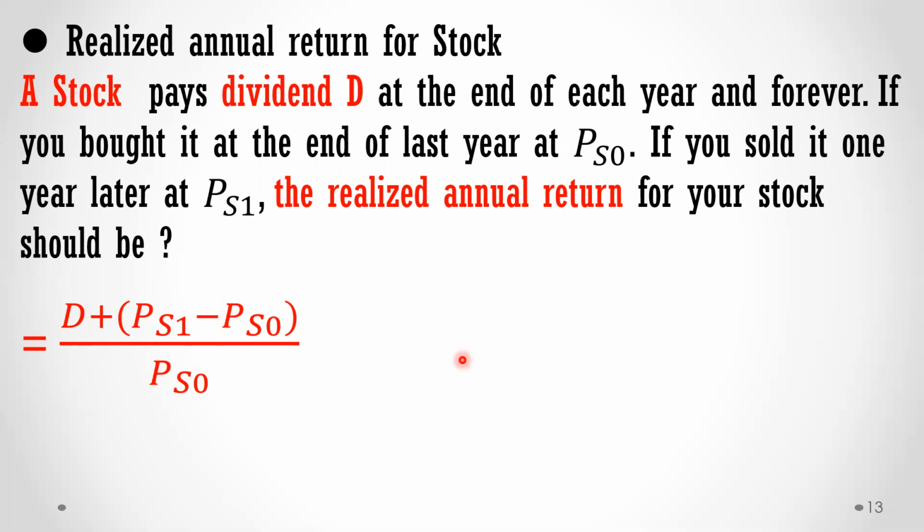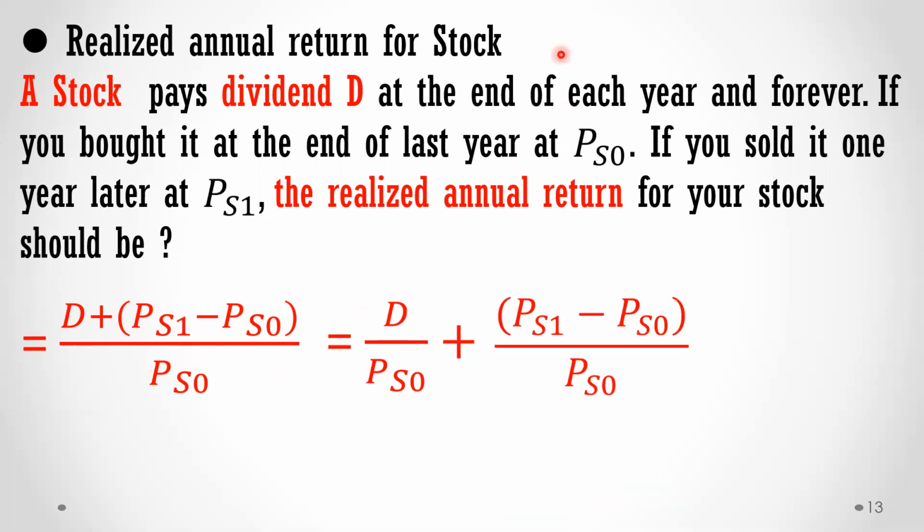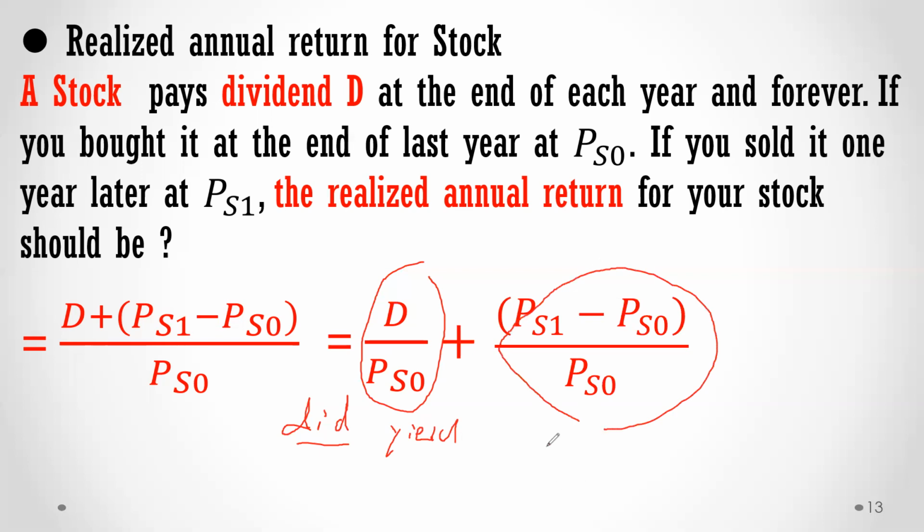Based on this equation, we can further decompose it into two parts. This part is called the dividend yield. If you check some financial websites, you can see this is the dividend yield. It's the expected dividend over the stock price, so maybe 4% or 3%. And this part is called the capital gain.